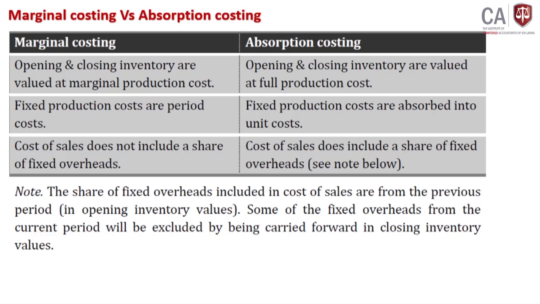So, for the given period, the fixed production overhead cost will be 0.8 million, because 1 million less 200,000. Why? Because 200,000 you will carry forward to next period through inventory, because in inventory you have absorbed 200,000 of fixed production overhead cost. Fine. That is what you need to understand when you compare marginal costing and absorption costing.